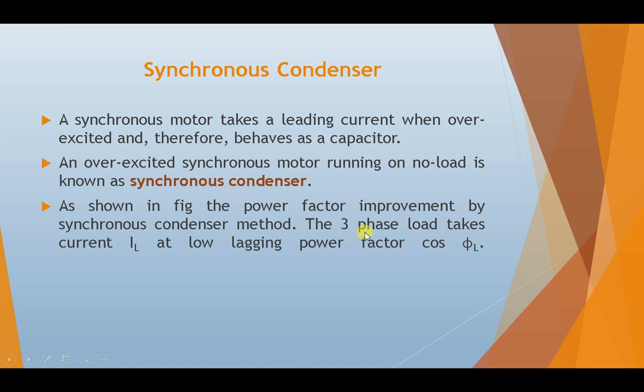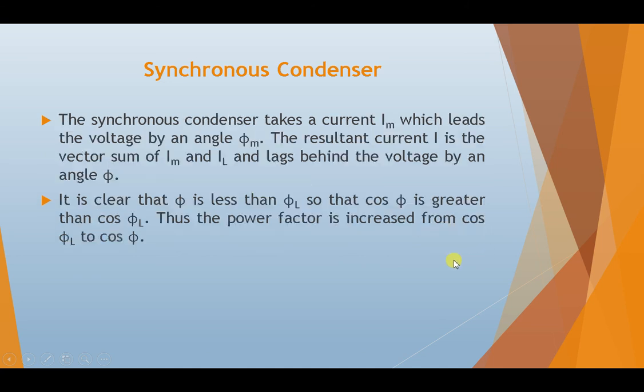The three-phase load takes current IL at low lagging power factor cos of the load angle. The synchronous condenser takes a current IM which leads the voltage by an angle. The resultant current I is the vector sum of IM, the synchronous condenser current, and IL, the load current, and lags behind the voltage by a smaller angle.